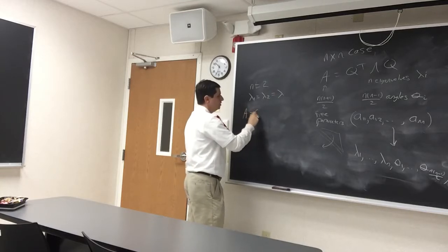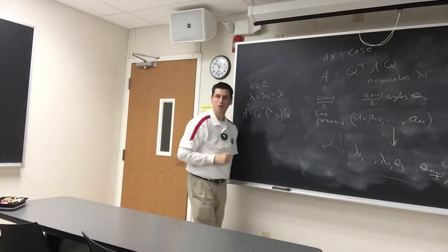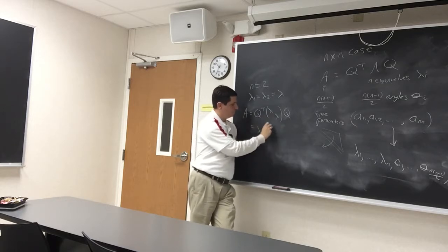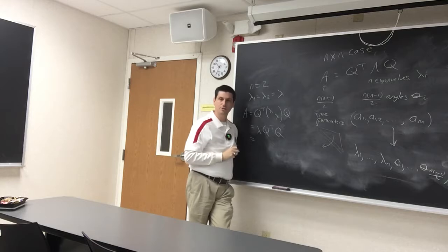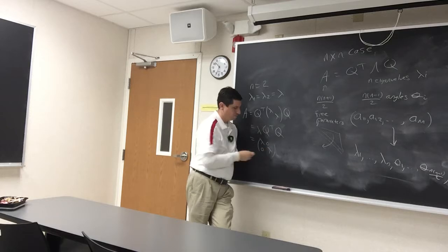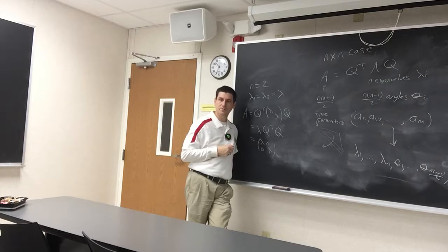So we now get A equals Q transpose lambda lambda Q. Well, this is the same as lambda times Q transpose Q. But what's Q transpose Q? It's the identity. So no matter what Q I put in, if the eigenvalues are the same, I get back the same matrix.